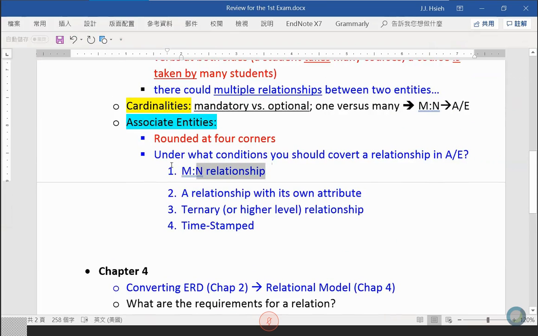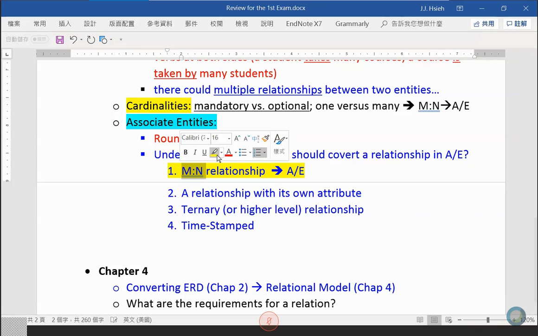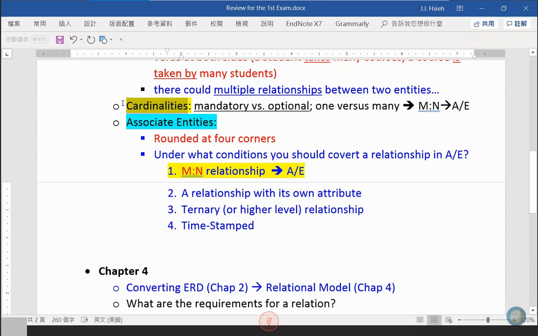The first one is that whenever you see a many-to-many relationship, without question, just convert that into an associate entity. You cannot be wrong. But the key is, how can you know it is a many-to-many relationship? The answer lies in the cardinality.